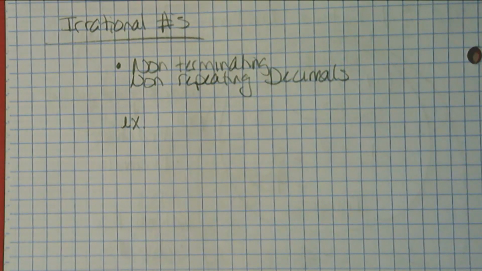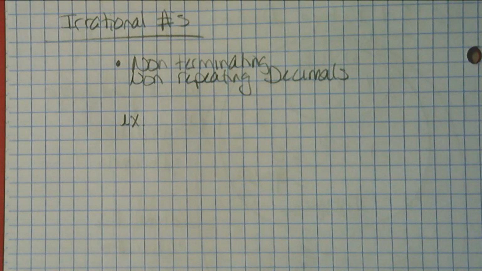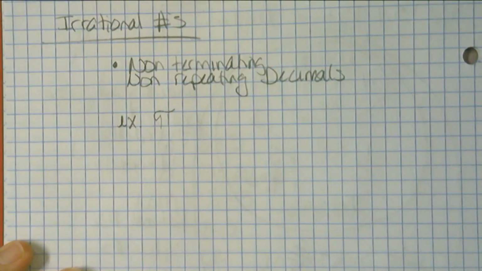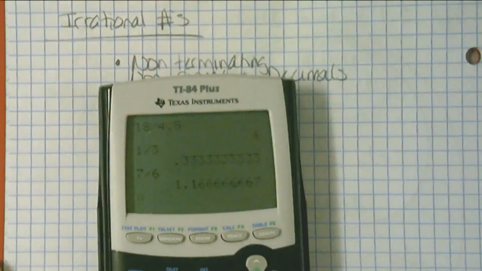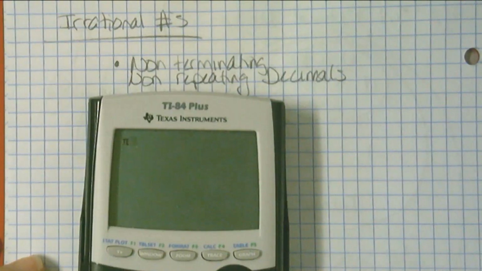What's one number that you guys know the symbol for, that if you throw it in a calculator, it's a non-terminating, non-repeating decimal? Matthew? Pi. Pi is a non-terminating, non-repeating decimal. Let's see if I can do this. So if I hit pi, I'm going to say equals.